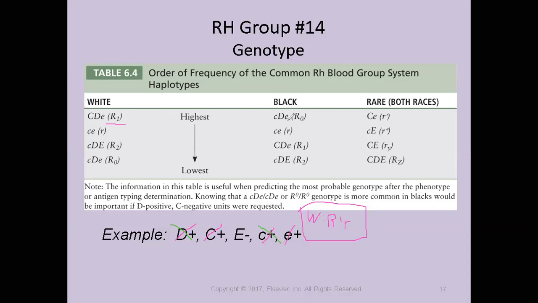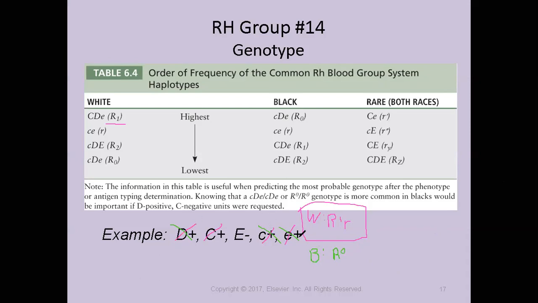And we need little e, that's fulfilled there. So when we have someone who's black, they're going to be R0, because that is the most common inherited genotype in the black population. So we've eliminated big D, little c, and little e.